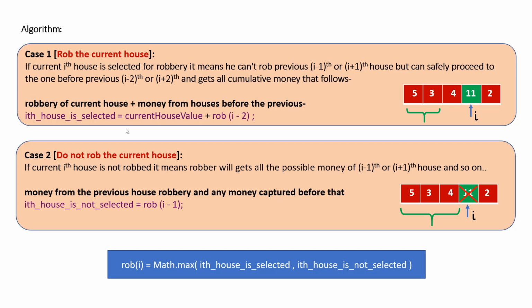That is the reason we have used math.max, because for every particular house we want the maximum amount. There will be only two cases: either I will choose the ith house or I will not. So this is the formula, the key relation, which we have got from the above two statements.